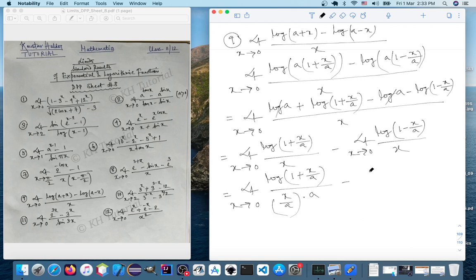Over here, what we do is we can write it as 1 plus minus x by a, and we must have the same minus x by a and adjust minus a.